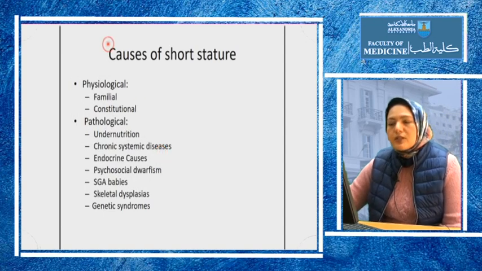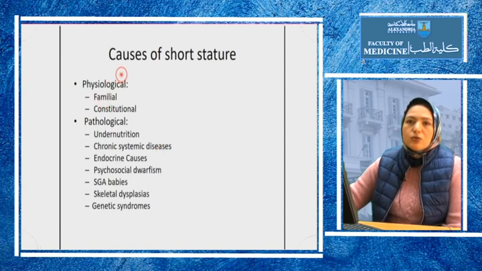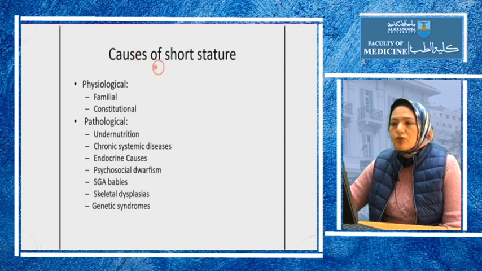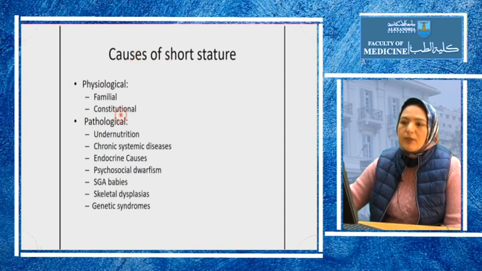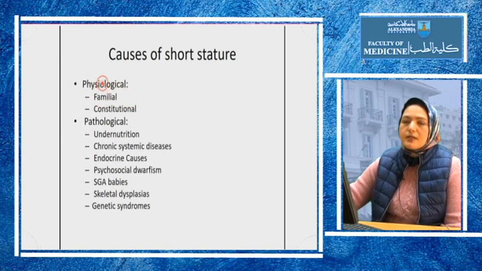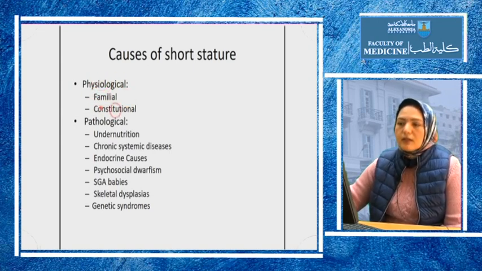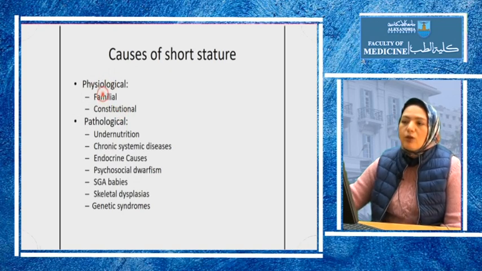Based on this physiology, we can classify the causes of short stature into physiological causes and pathological causes. Physiological causes include mainly familial and constitutional short stature, and we start with them because they are the most common causes of short stature.